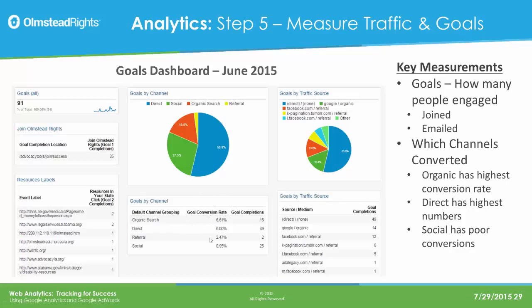And then we can see, and this is one of the things that becomes really key when you look at conversion rate by channel, that the organic people, even though we said that organic was only driving about 20% of the traffic, have a much higher conversion rate than the social media did at 1%.